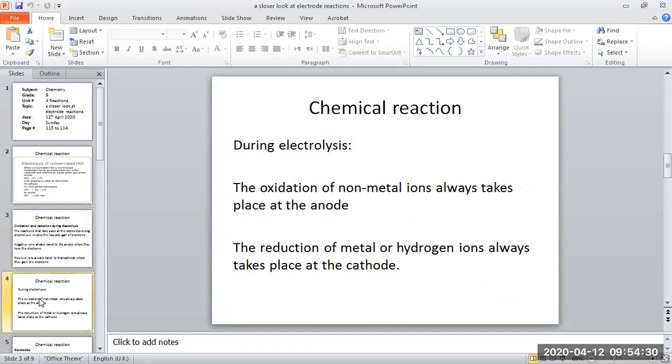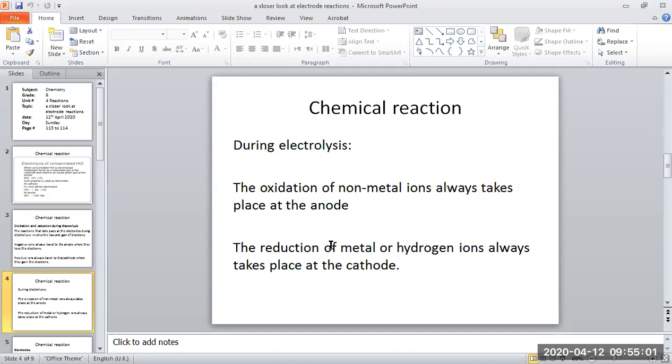And next, what happens during electrolysis? The oxidation of non-metal ions always takes place at the anode. Non-metals always produce negative ions, and negative ions always move toward the anode, so the oxidation takes place at the anode for non-metals.